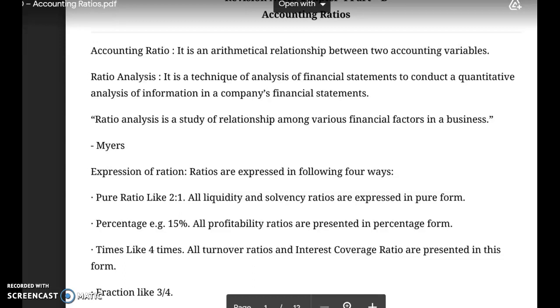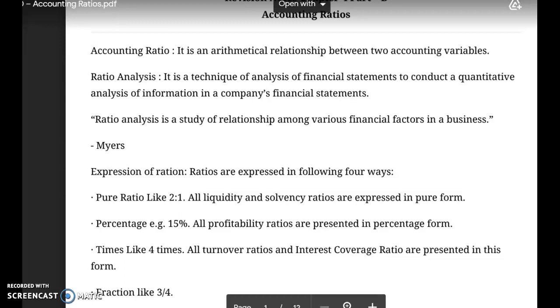In the financial statements of an organization, a number of types of information are given. Sales is given, purchase is given, expenses are given, incomes are there, losses are there, profits are there, assets are there, then liabilities are there. Again, under liabilities and assets, current and non-current, a number of types of information are given.